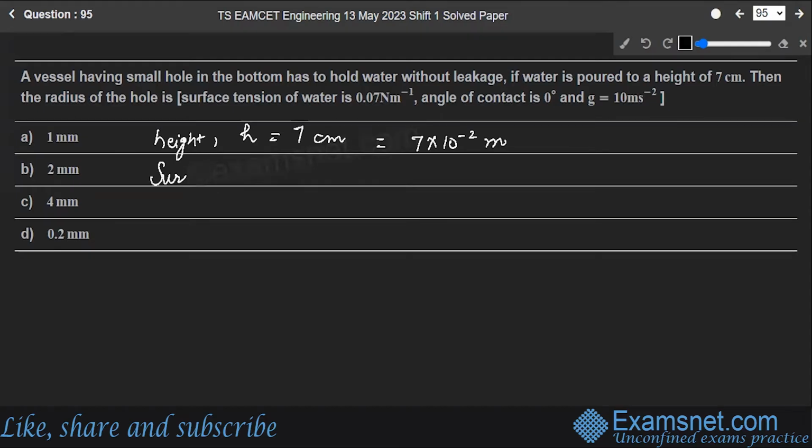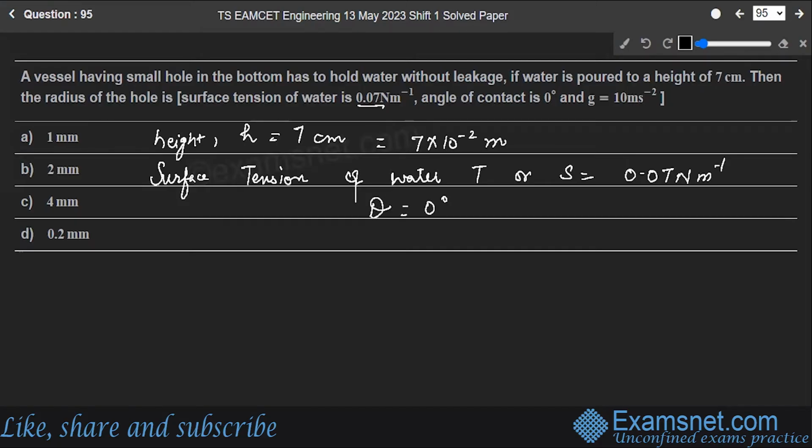You are having surface tension of water S equal to 0.07 Newton per meter. You are having theta, that is the angle of contact, as 0.